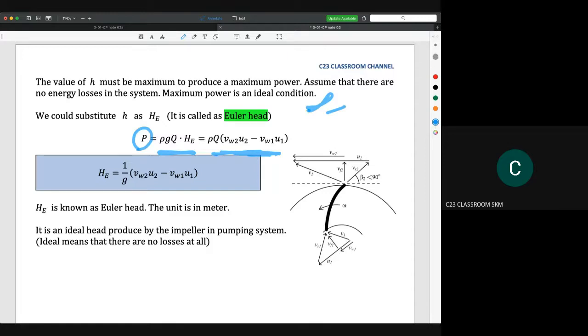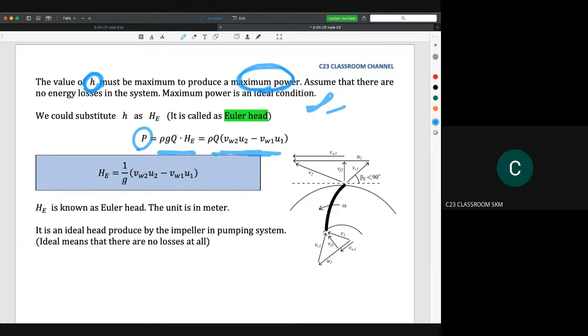If we could get maximum power, the value of H here, H means the capability of the pump, the height of the water that can be delivered by the pump. So if the power is maximum, the value of H here is the theoretical height, because it is impossible for a pump to operate without any friction, without any losses.